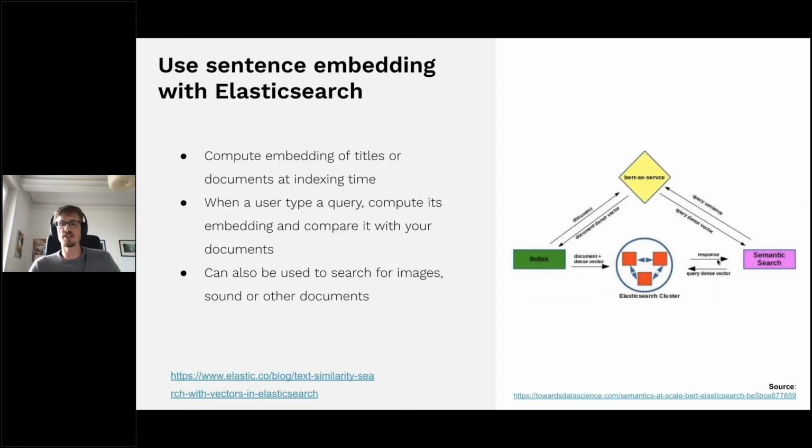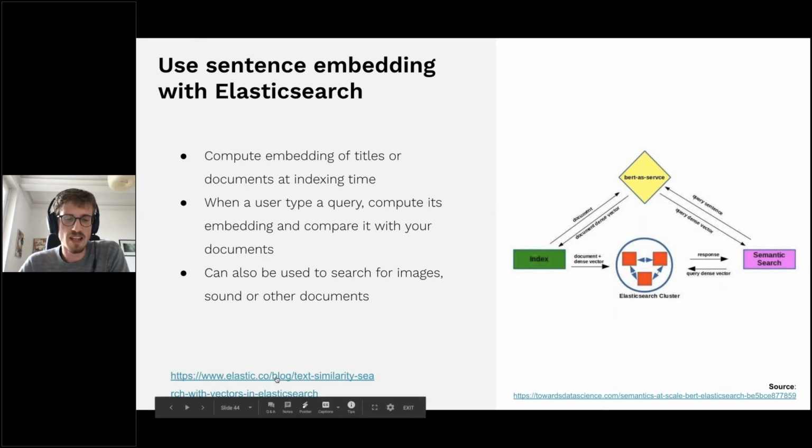And the way you can do this would be with an architecture similar to this. Elasticsearch released recently some way to compare documents.